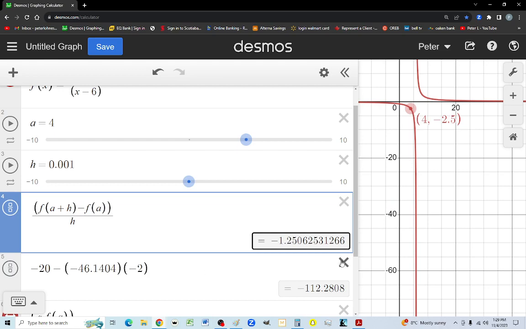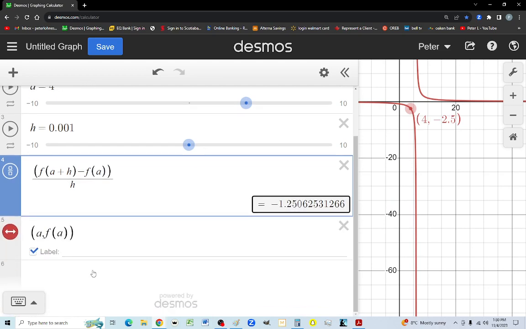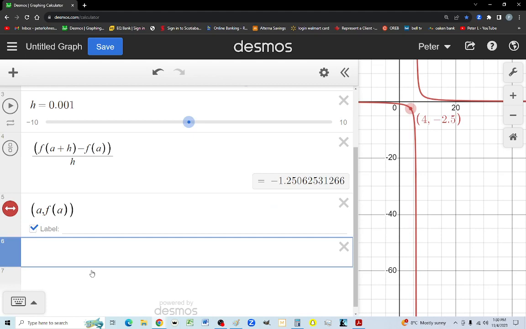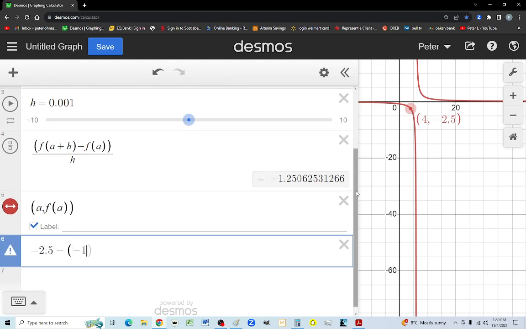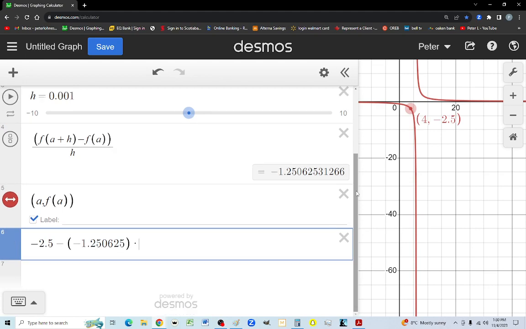We're going to let Desmos figure out our b. Our b is going to be equal to y, which we've discovered is minus 2.5, minus our slope times our x.